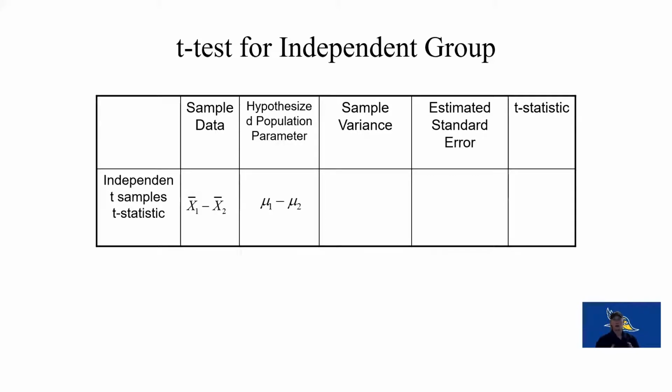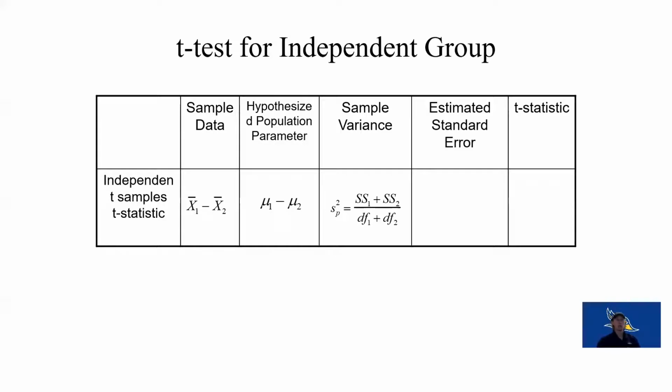So with that assumption, we can say that the population means are not different, or that that difference is 0. So this is key when it comes to creating this t-test. We have to have the null hypothesis in order to accurately calculate this statistic.